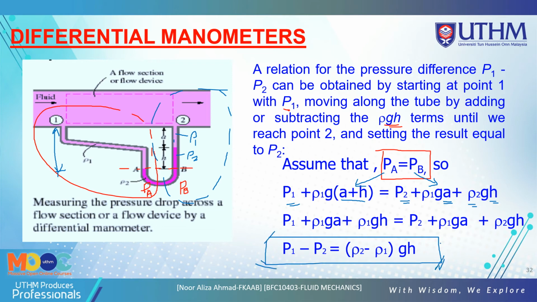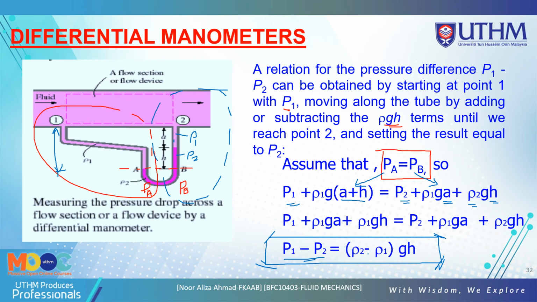This is the differential manometer concept: you must consider the pressure at 1 and also the pressure at 2, so that's why we call it a differential manometer, based on P1 until P2.